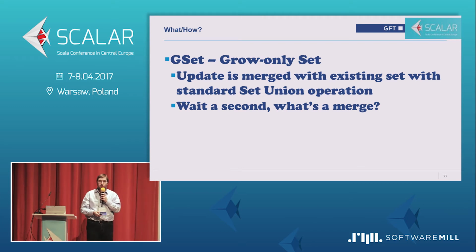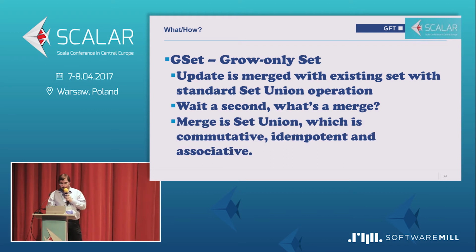So I can add them in any order because it's a set, and this is why for GSet, delta updates are very simple. You just ship the elements instead of full sets, and everything works fine. The other thing is merge is set union, and set union actually is commutative, idempotent, and associative. Commutative means I can apply updates in any order, because when I'm out in the network, I'm not sure about the order.